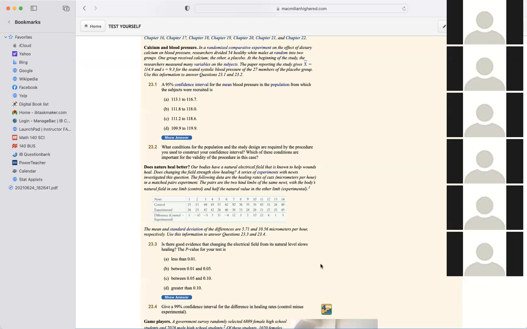So which section of the calculator are we going to use for this one? Every matched pair test is always the same one. Which one is it?